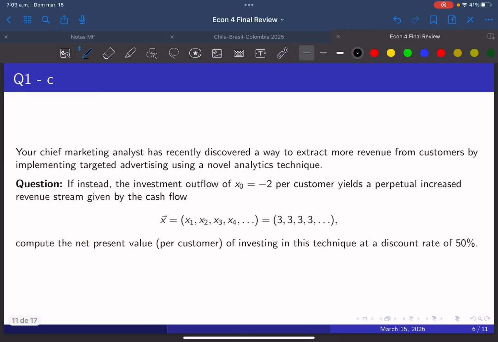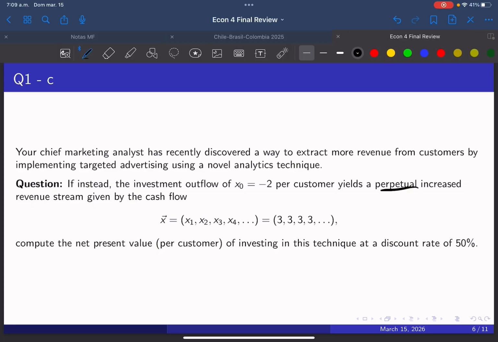Okay, perfect. So here's the last question on this setup. The outflow is still the same, so it still costs $2 per customer, but now instead we're getting a perpetual increased revenue stream.